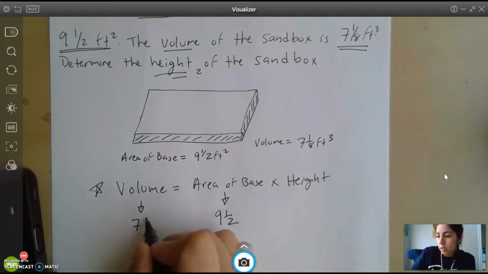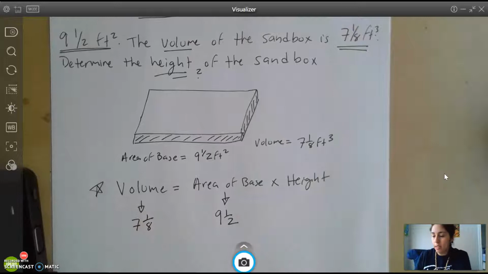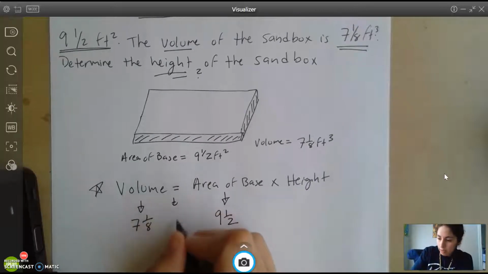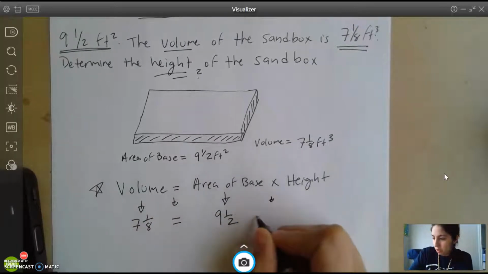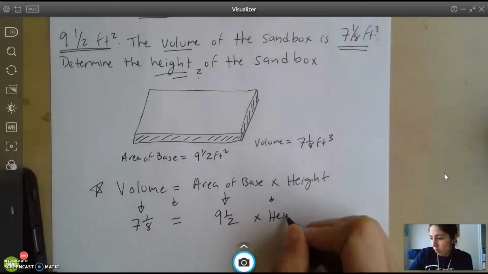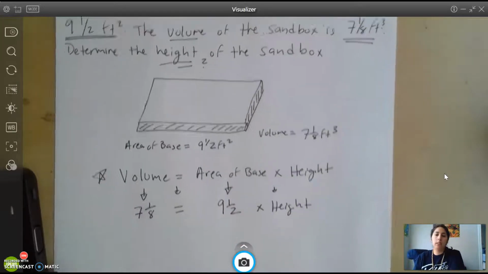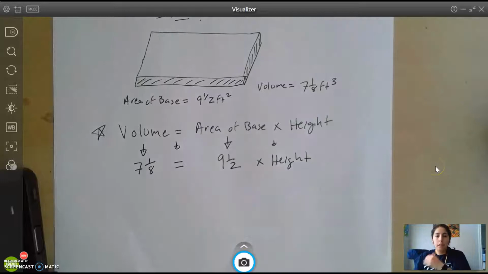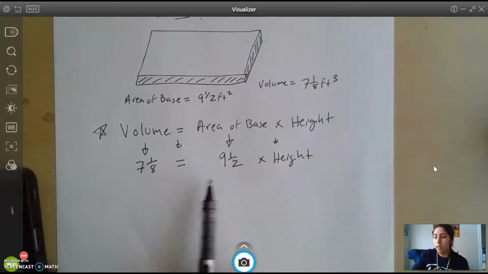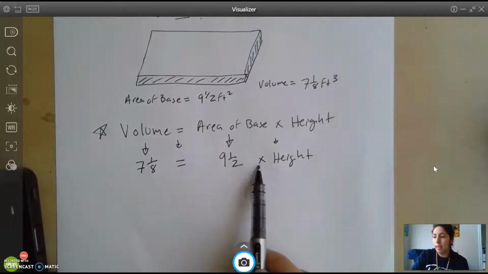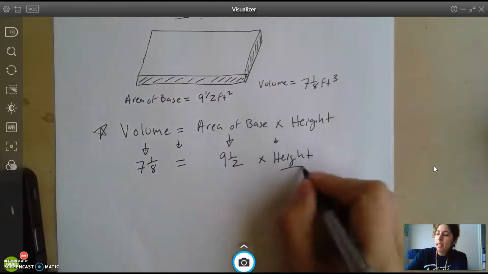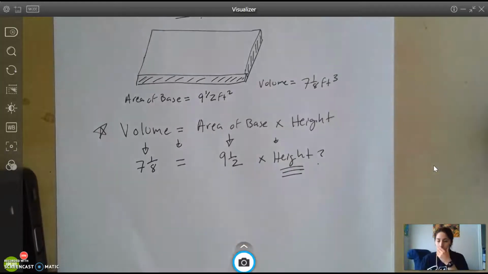So keeping my work organized, the volume is 7 1/8. I bring everything else down. And since I don't know the height, I'm going to leave it as it is. Okay, so my equation is 7 1/8 is equal to 9.5 times the height. And I am solving for the height. Take a second to think how you're going to solve this.